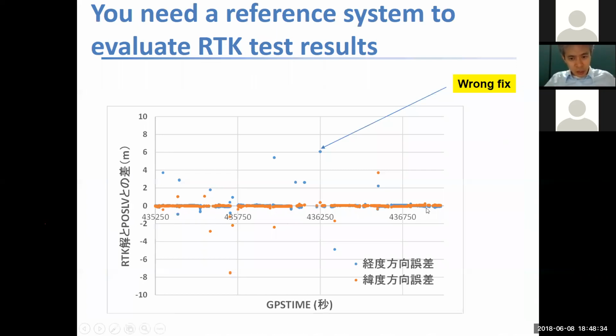Without this kind of reference system, you can't evaluate RTK test results, because RTK test results always appear centimeter level, even in dense urban areas. So you need a better reference system, and without it you can't evaluate RTK test results correctly.